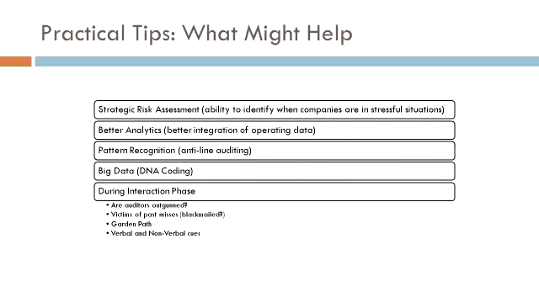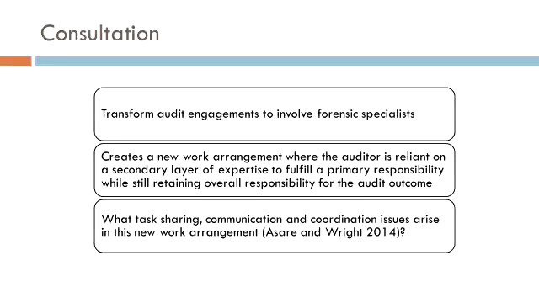All right, now let's talk about importing knowledge, consultation. So if we cannot do this fraud problem as well as we can, we transform the audit engagements to involve forensic specialists. If we did that, we'll create a new work arrangement where we as auditors are going to rely on a secondary layer of expertise.